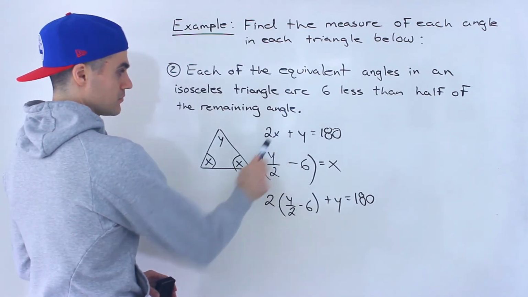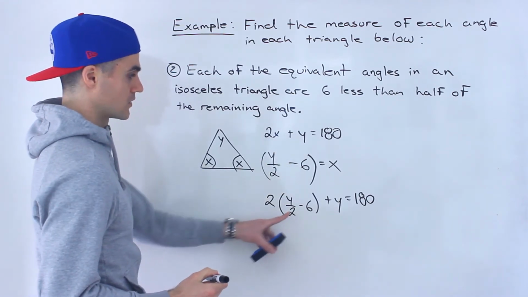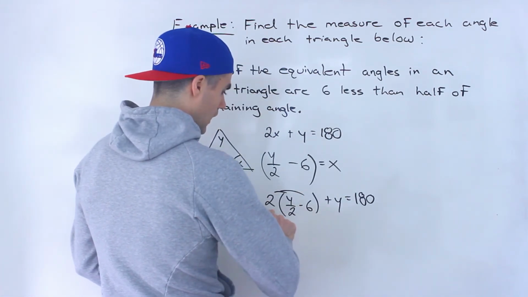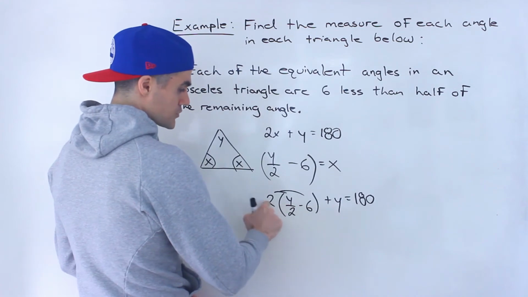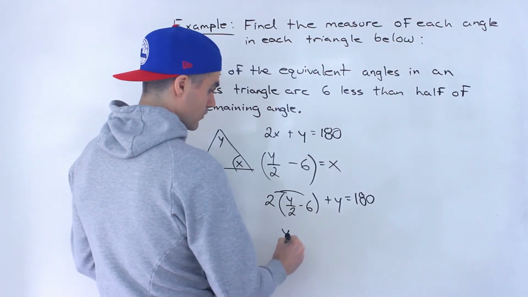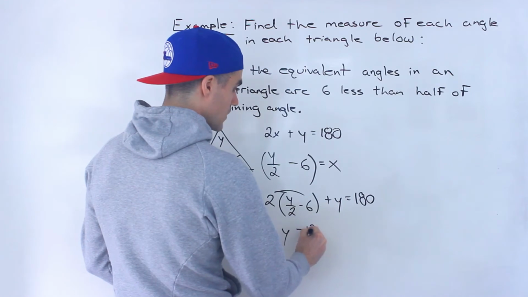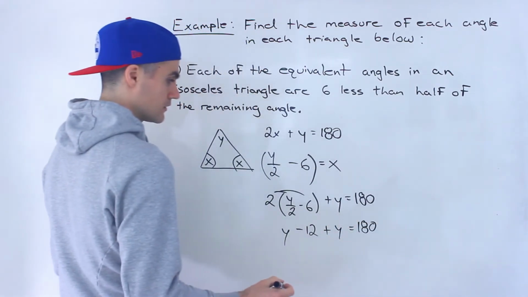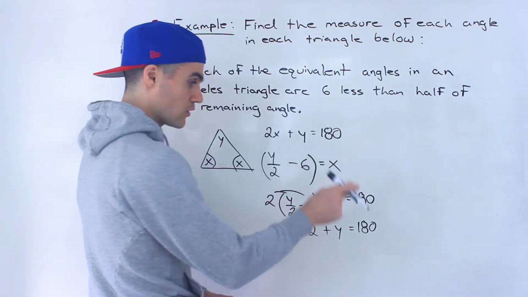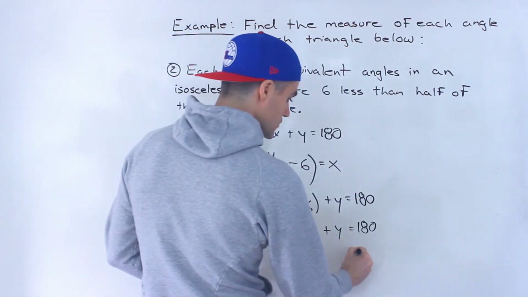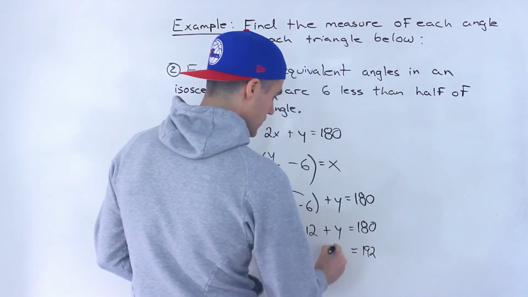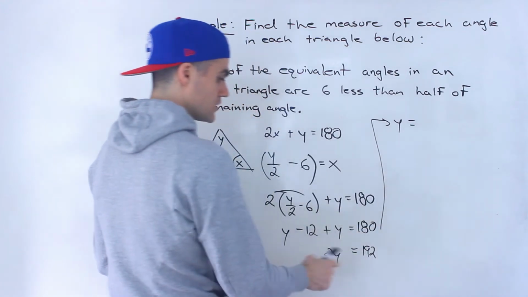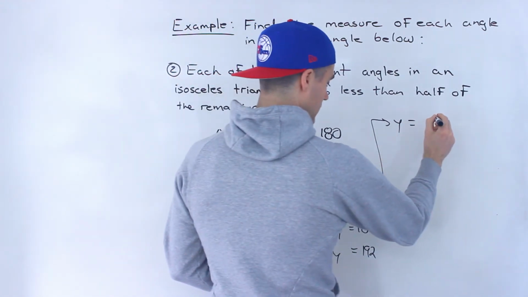Now we can distribute the 2 inside the bracket. 2 times y over 2, the 2's cancel out, and we're left with a y. 2 times negative 6 is negative 12, plus y equals 180. Bring the negative 12 over, 180 plus 12 gives us 192. y plus y gives us 2y. Then we can divide both sides by 2 to get y by itself.